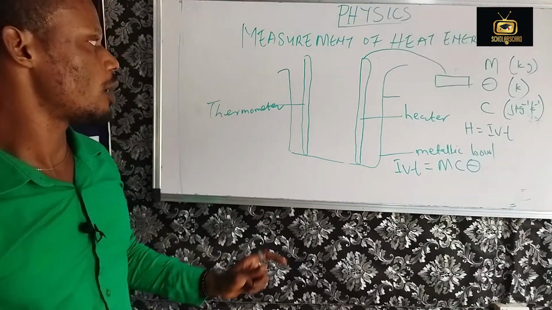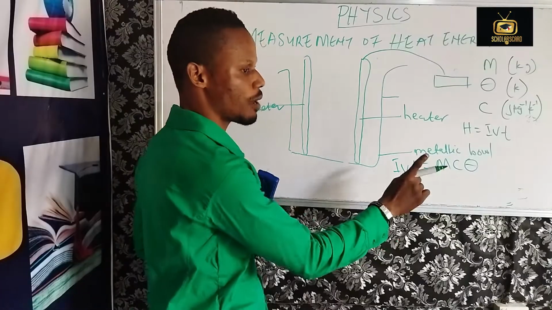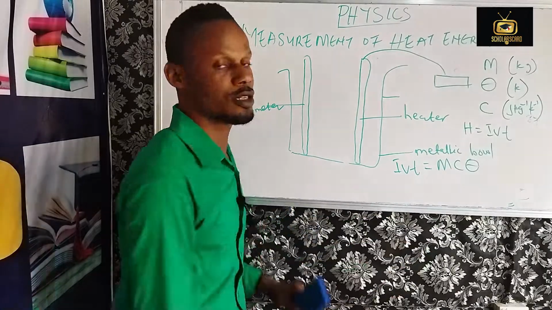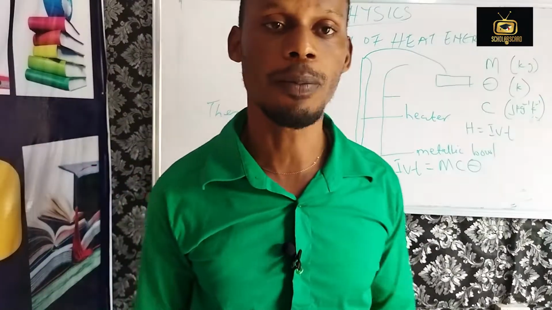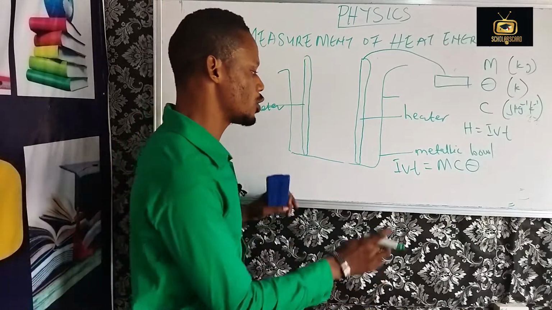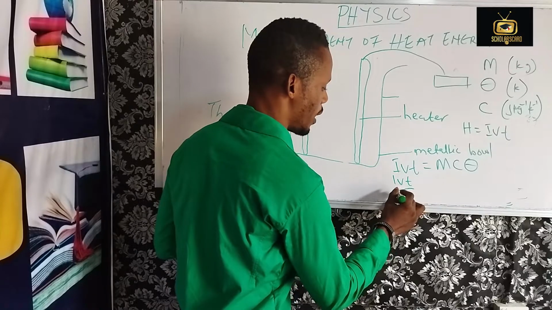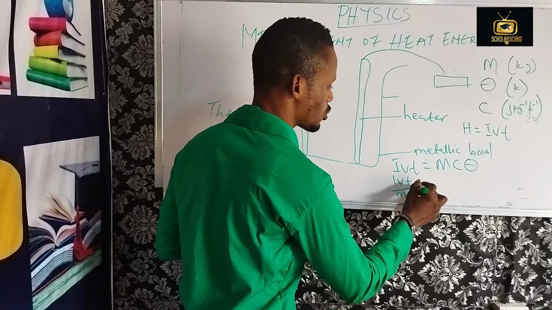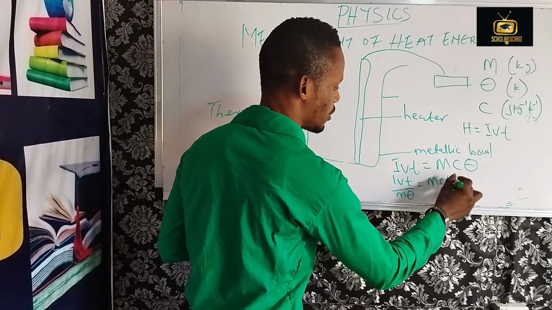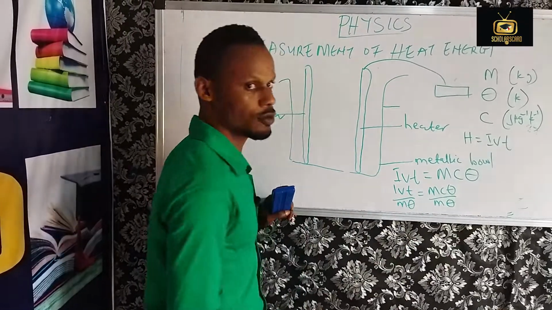Now remember, we are talking about measurement of specific heat capacity of a solid by the electrical method. We can make specific heat capacity the subject of the formula by dividing both sides by M theta. When we do that, IVT over M theta equals MC theta over M theta. Here you have two things that are common.